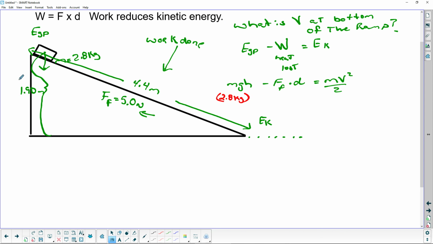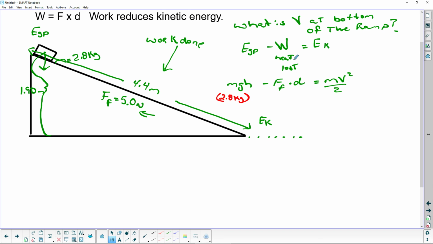It doesn't go into the speed of the block as it slides down. Only part of the gravitational energy goes into the speed. As it's going down, it speeds up. But the kinetic energy is going to be less than it would be if you had no friction. So it would go a lot faster. So what does that friction cause? It causes heat, which is a type of energy. So we call it waste heat in physics.